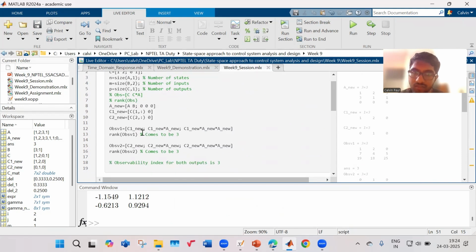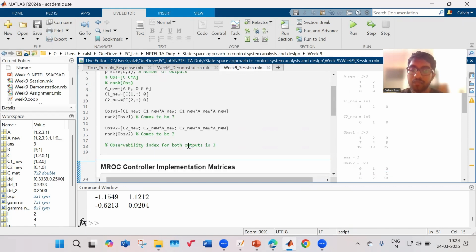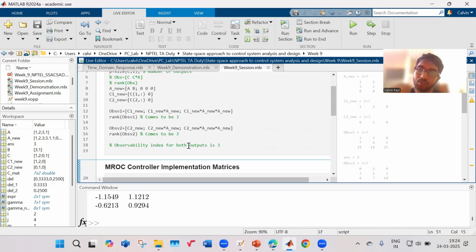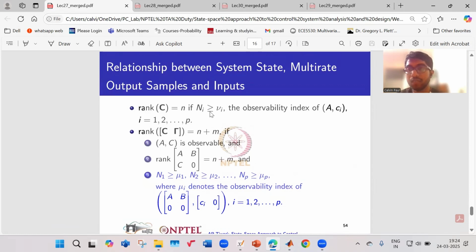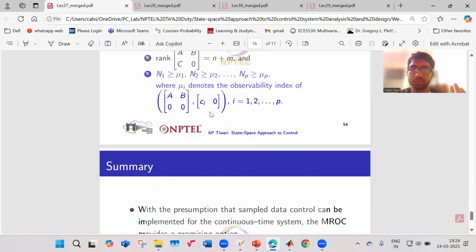Then we can find a rank of this kind of matrices which are easier and smaller to compute. And we will also find the observability index for both these outputs. You have to just find the rank of this matrix. This is a test equivalent to this overall big test. So without computing this large C matrix and this large gamma matrix, I can use these tests to prove that my multi-rate output controller will work.